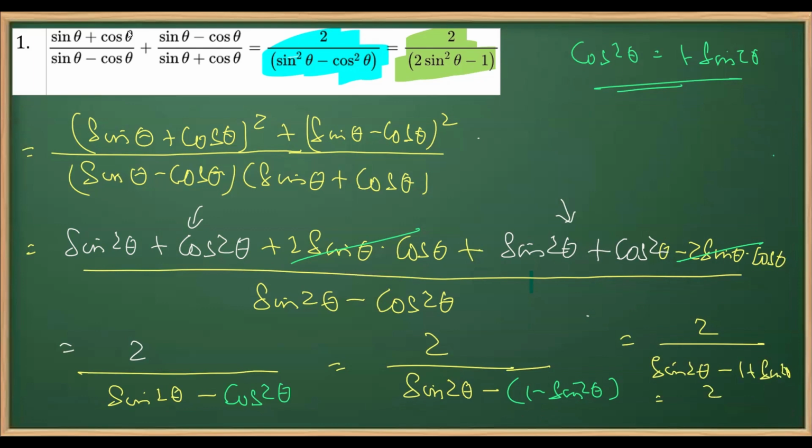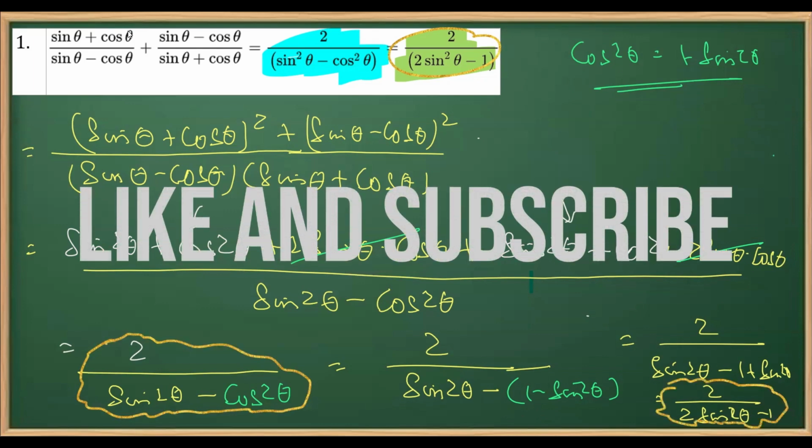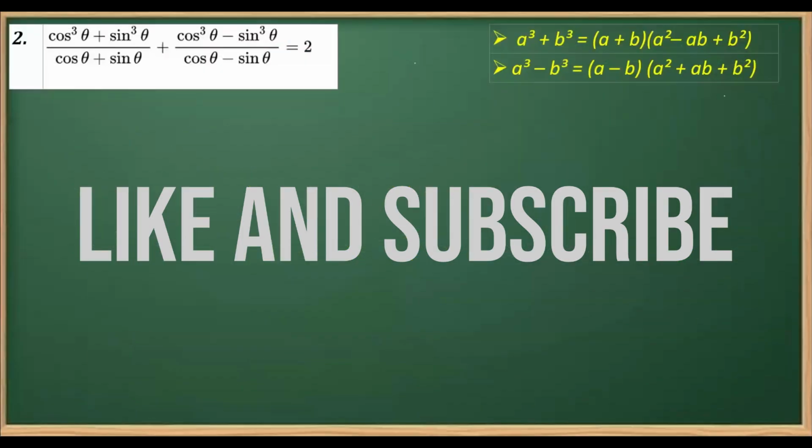So we'll finally get 2 divided by sine square plus sine square, which is 2 times sine square theta, minus 1. And I can see that we got this second part as well, right? So the proof for the first part is going to be this, and for the other part going to be this. Now let's move to the next question.